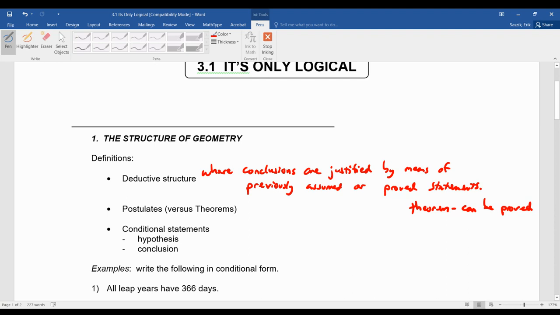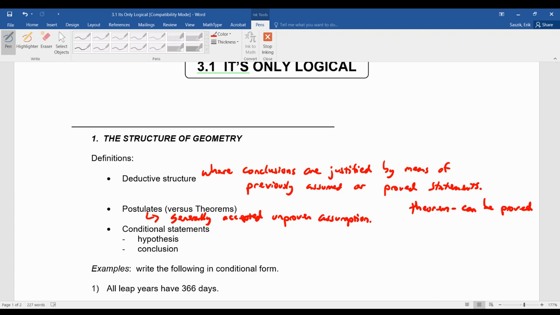And a postulate is a generally accepted, unproven assumption. So there are some things that mathematicians have decided to just accept, is what it comes down to, okay?